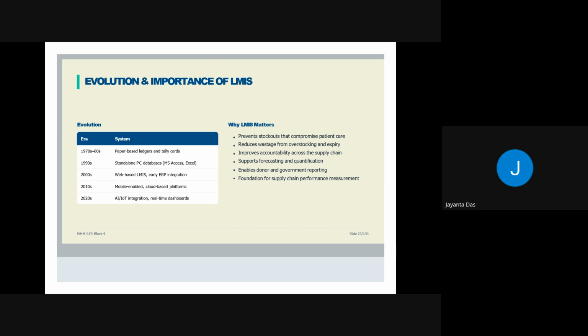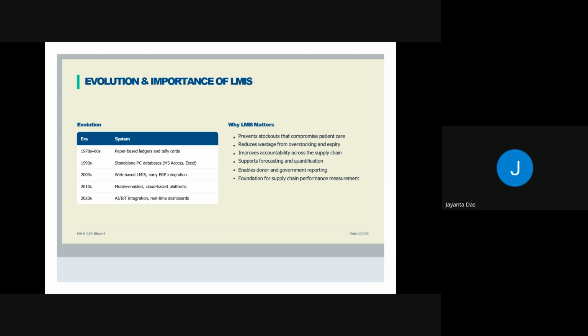This web-based kind of thing started coming in, and more and more online things. In the 2010s, coming out from PC, things became mobile enabled since the time smartphones came in, and with more advancement in smartphones, everything started coming in with cloud-based platforms.